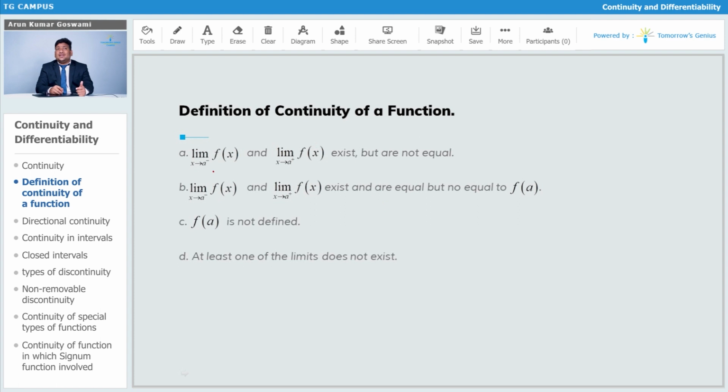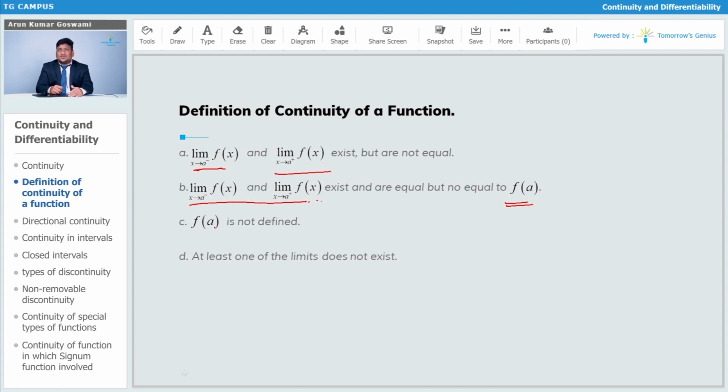So if my limits are not equal, or limits exist but are not equal to the value of the function at that point, f of a, in that case also we can say that my function is not continuous. The second reason for discontinuity is that at least one of the limits does not exist.